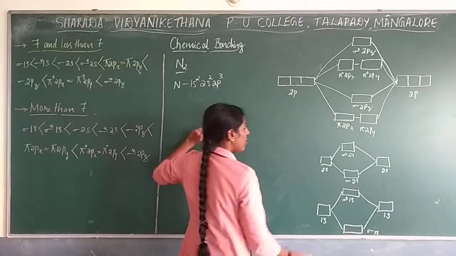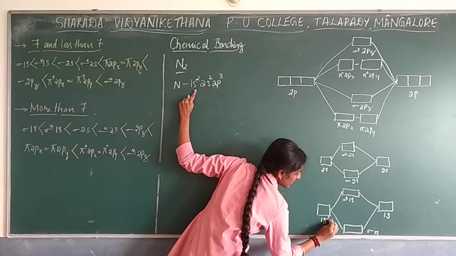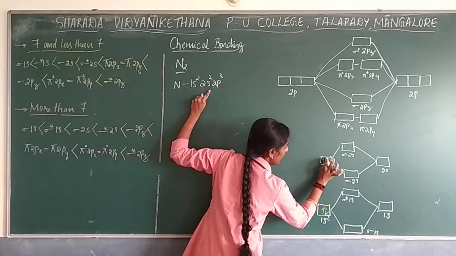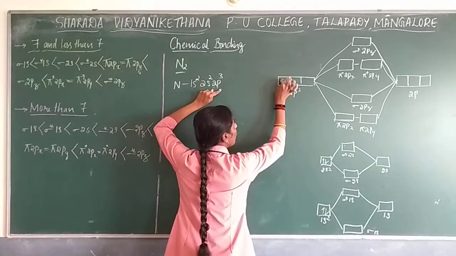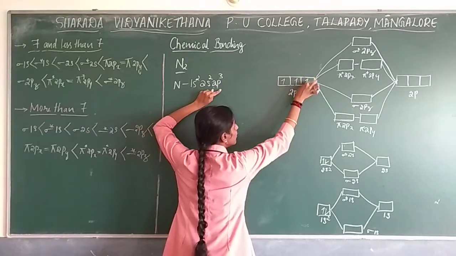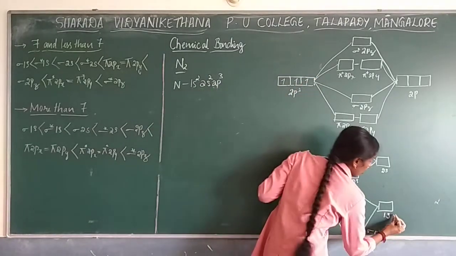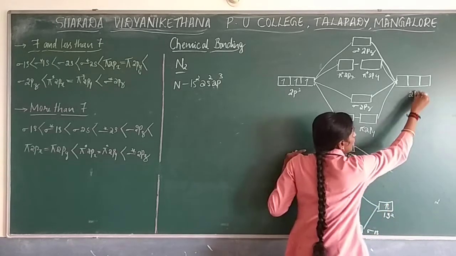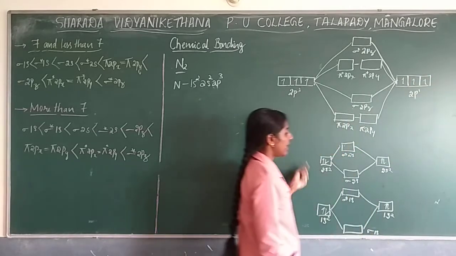One nitrogen atom has the electron configuration 1s2, 2s2, 2p3. In the same way, the other nitrogen atom also has 1s2, 2s2, 2p3, with 3 electrons in 2p.